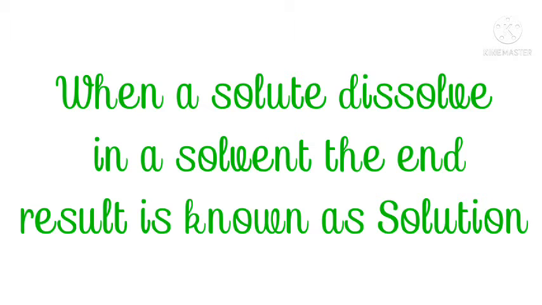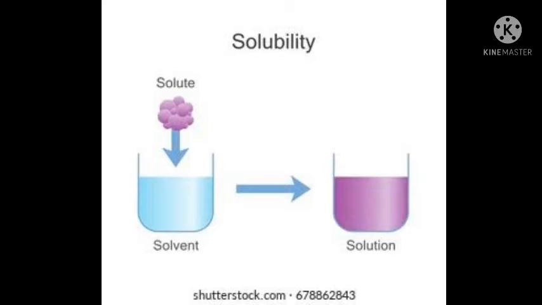Next, when a solute dissolves in a solvent, the end result is known as a solution. Meaning when a solute dissolves in a solvent, the end product is known as a solution.